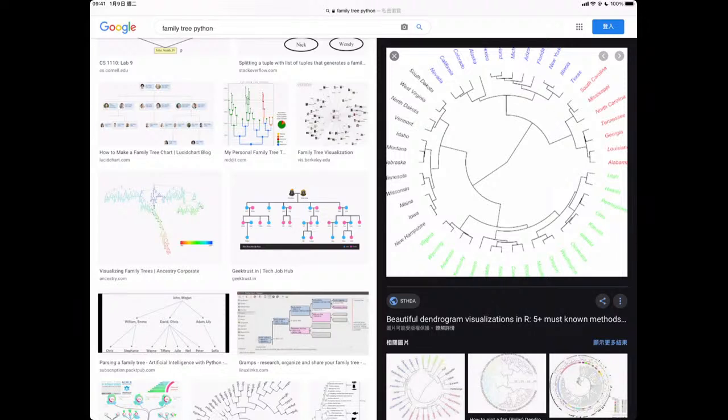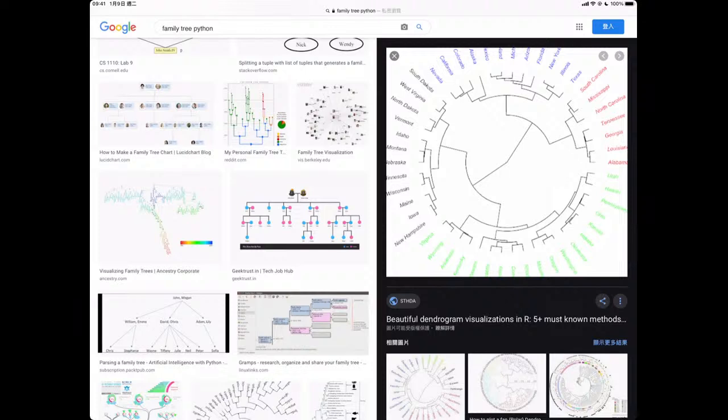So the best thing you can do at the first place is to try to cluster them, which means if there are some points that are similar, then we group those similar points into one cluster, and we would like to build the relationship between those clusters, just like the family tree, which I show right here.